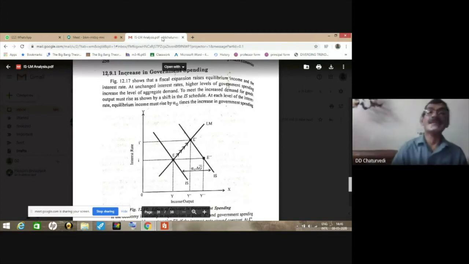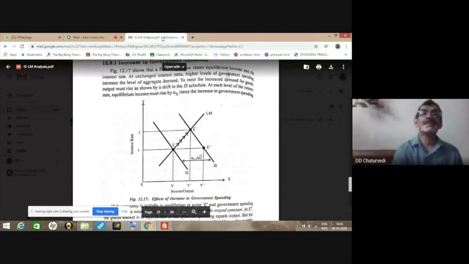At each level of interest rate, equilibrium income must rise by alpha G times the increase in government spending. That is what we have shown in this diagram.